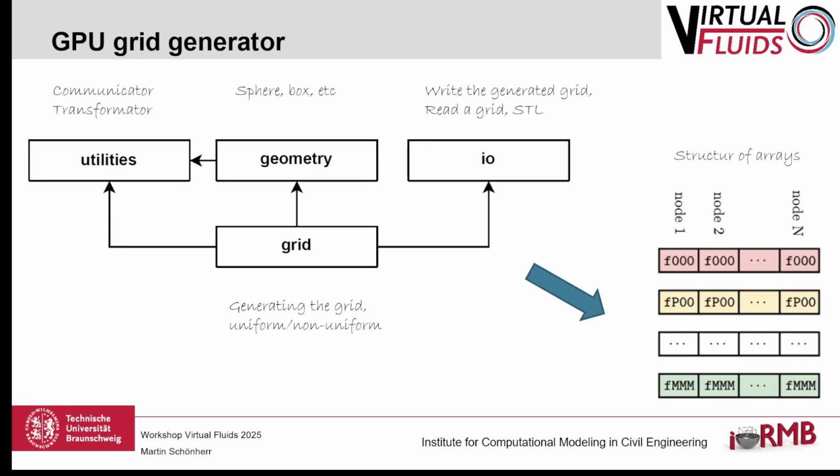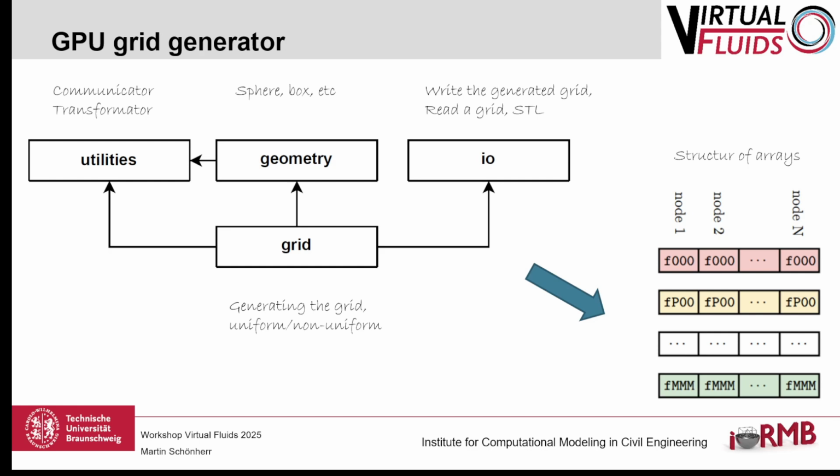And if you use the grid generator of the GPU code, then you have some sub-modules in it, like utilities. There you find something like a communicator or transformator. You can create some geometries like spheres, boxes, and whatever.